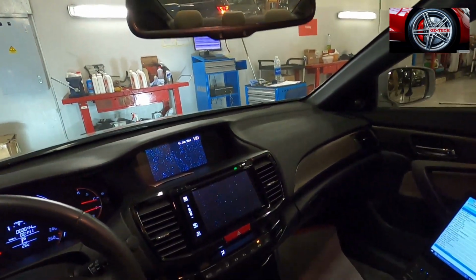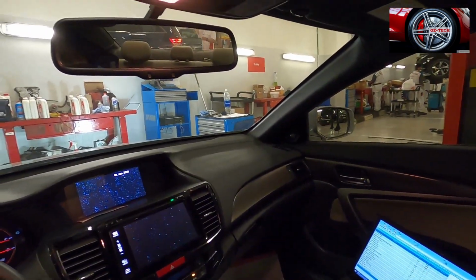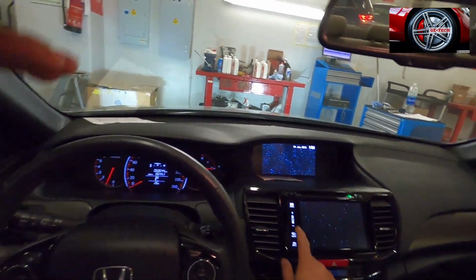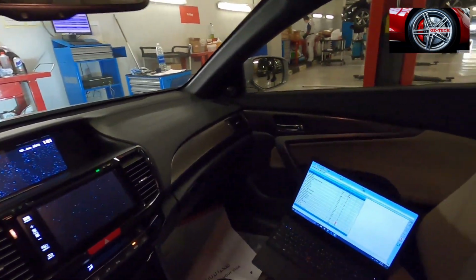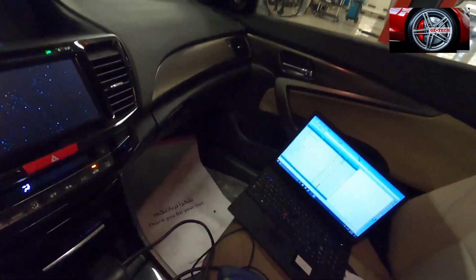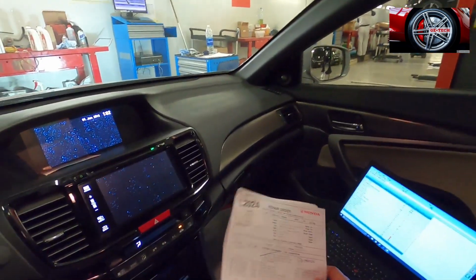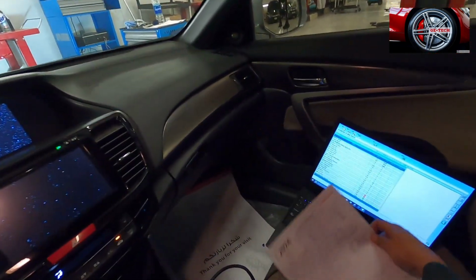DTC was cleared, reset ECM PCM or TCM, and all sensor calibration is done also. We can now perform the final road test for confirmation if the problem is gone, which is engine no power.